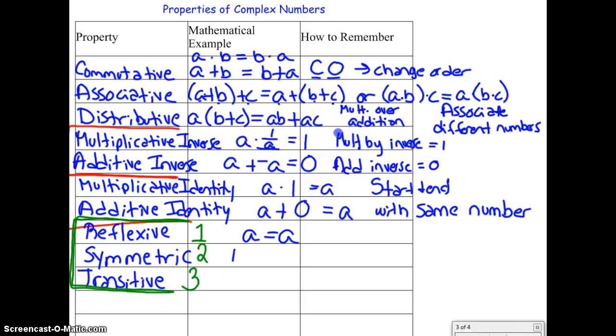For symmetric, what I'm saying is that if A is equal to B, then B is also equal to A. So for symmetric, I have 2 separate equations. I have an if part and a then part. From geometry, right, you guys called this, the if part was your hypothesis, your then part was your conclusion.